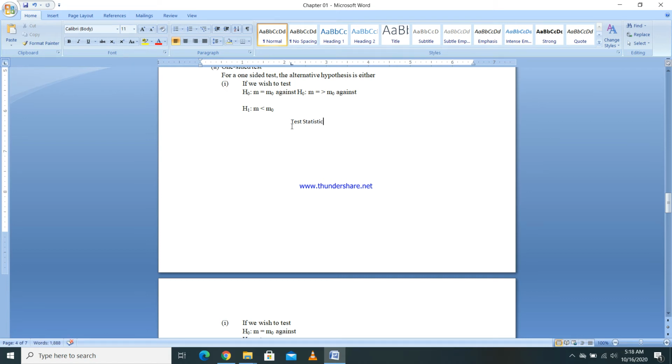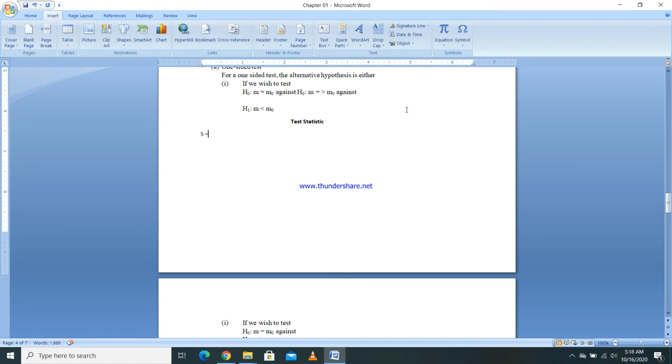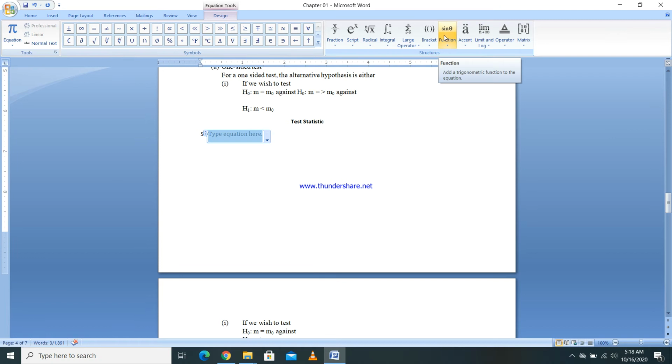When it comes to the test statistic, we denote the test statistic by capital S, and that is equal to, I'll write it using equations, your test statistic capital S is equal to n plus.